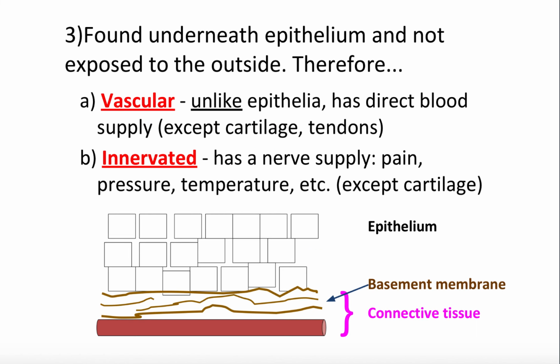All right. So, reminding you, this is epithelium above here, but the thing about connective tissue is it's underneath. It's always underneath. It's never exposed. It's always underneath a layer of epithelial tissue. And the basement membrane is a special type of connective tissue, just reminding you. But the key here is the additional connective tissue beneath the basement membrane holds lots and lots of stuff.